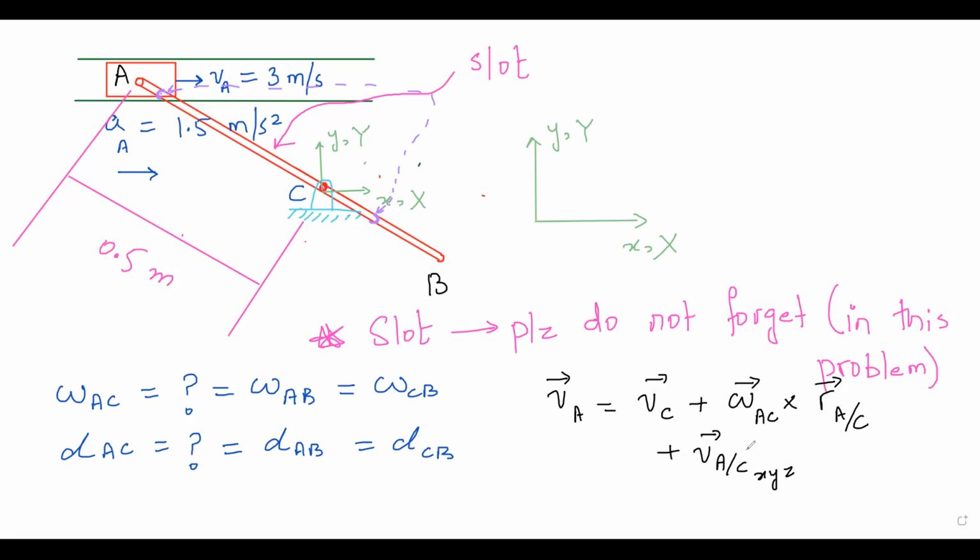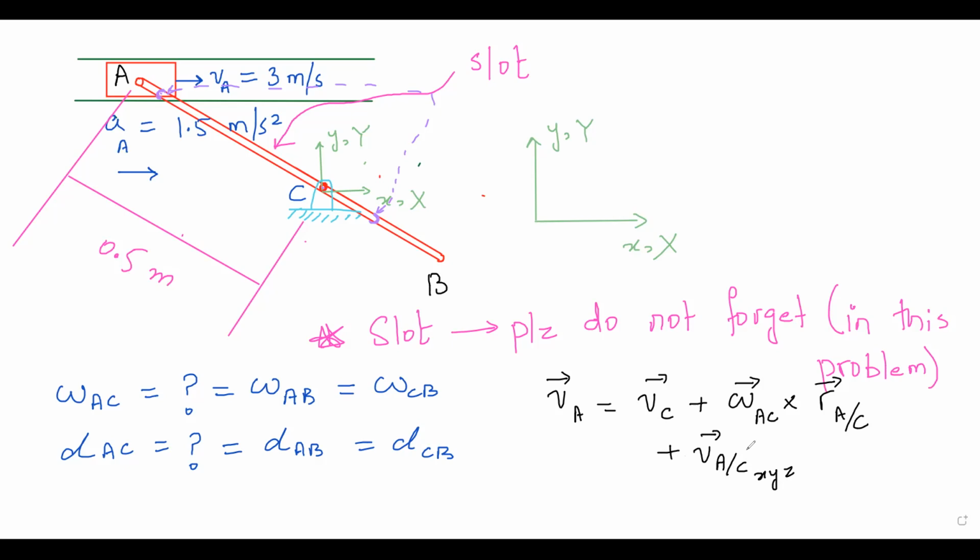This is an important question for all of you. Focus here. Is the velocity of A with respect to C small xyz zero or not? No, it's not zero. How many say non-zero?